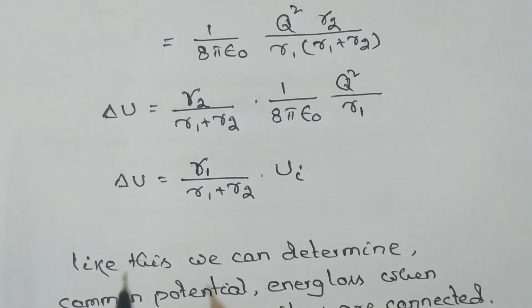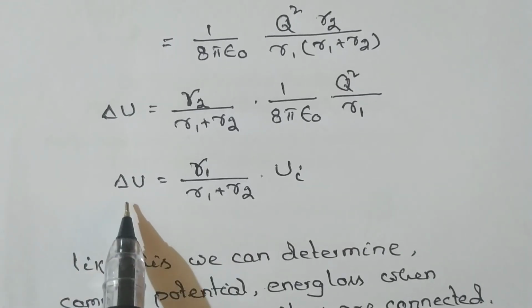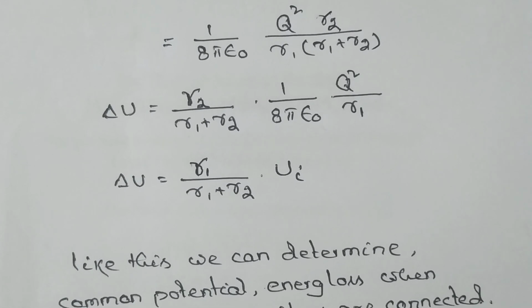That means delta U, the change in energy, is R2 by (R1 plus R2) times Ui.